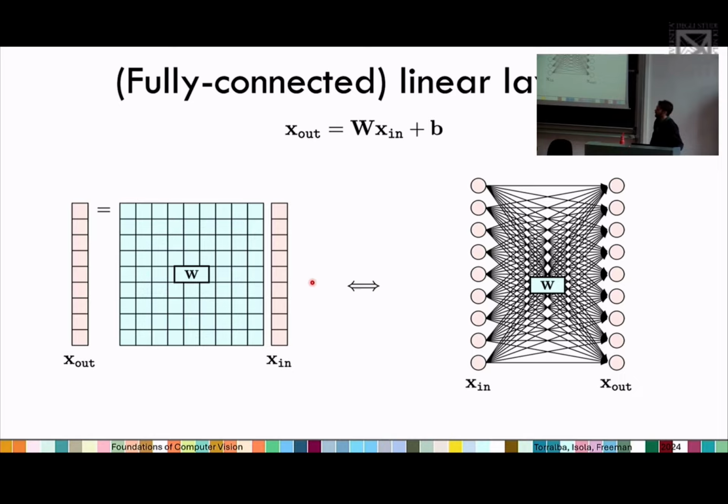In matrix notation, in algebra notation, the output is a matrix multiplication of all the input, and all of this matrix holds the numbers that you need to learn. If this is a 1 million pixel image, which is not that much, this is a 1 million times 1 million matrix.